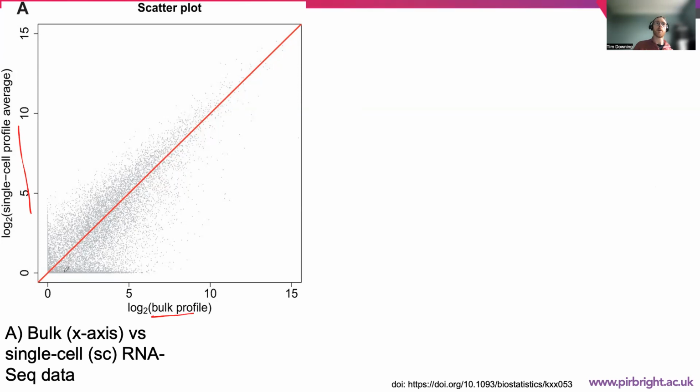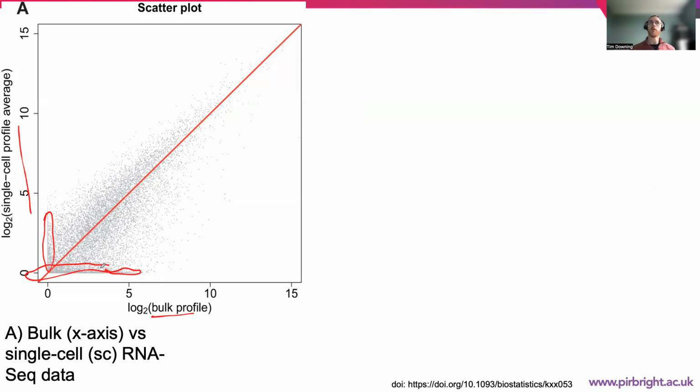So this is plotted on the same axis, whereas the red line is what we would expect. We'll see that some genes here have 0 expression in the bulk profile but have some expression in the single cell profile, but relatively more have 0 values for the single cell profile and some value for the bulk profile. So this is part of the sampling process.